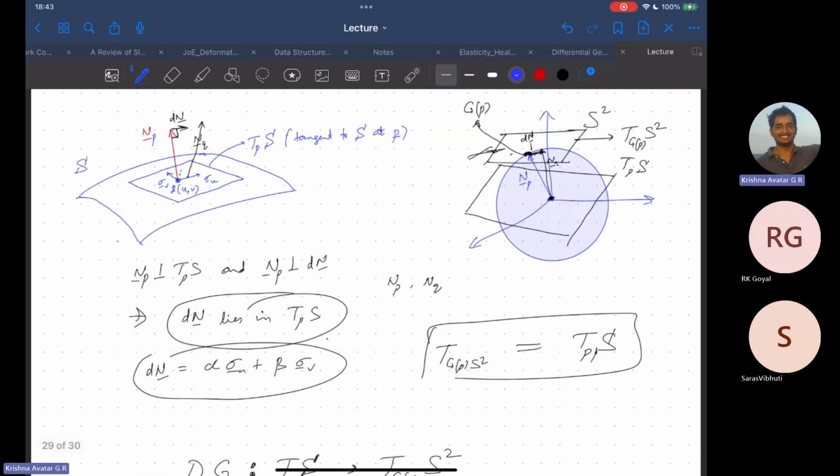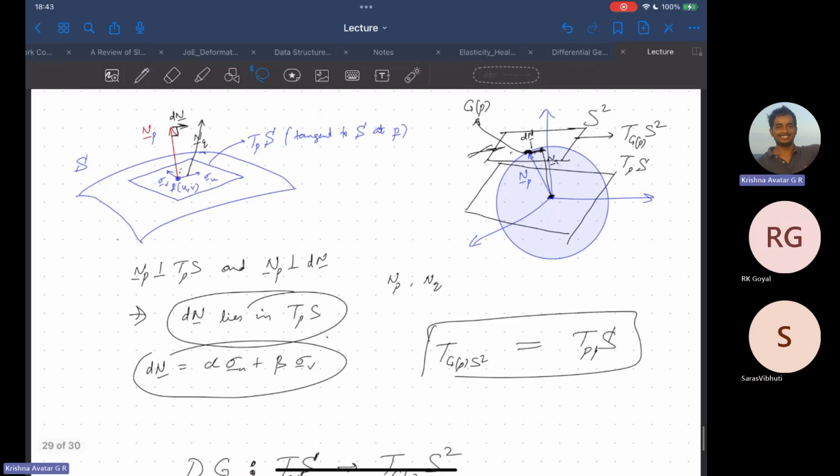The issue is, in the local neighborhood of any point P, you always have three basis vectors: sigma u, sigma v, and the n vector. In R3, for a complete description of any vector, you need only three basis vectors. So sigma u, sigma v, and n represent locally basis vectors.